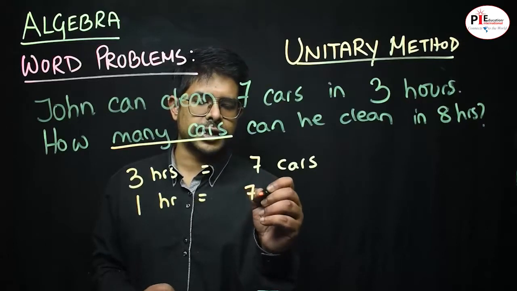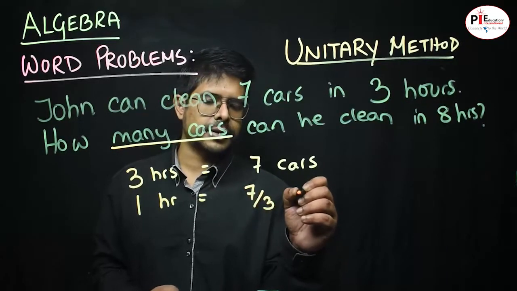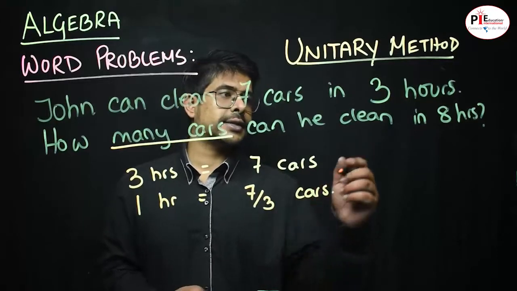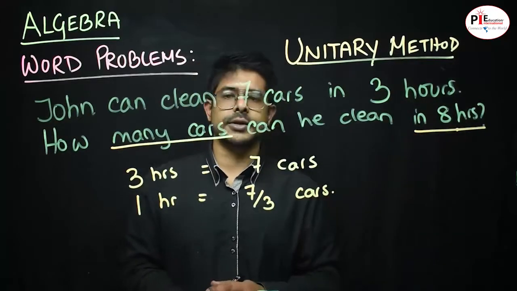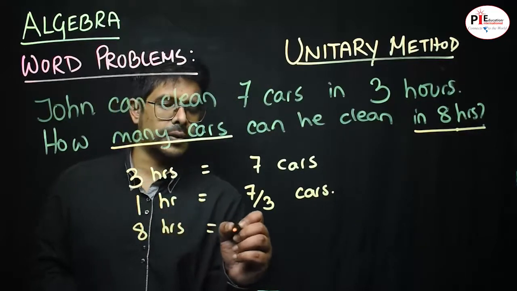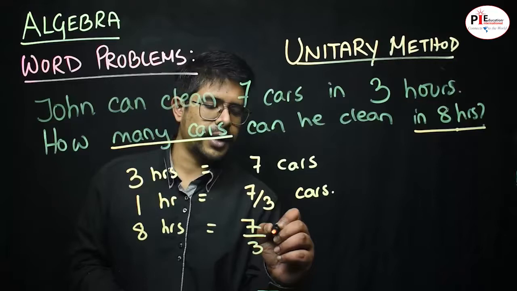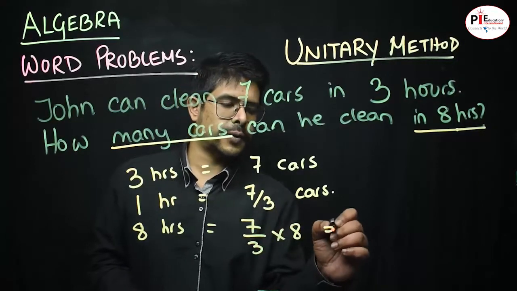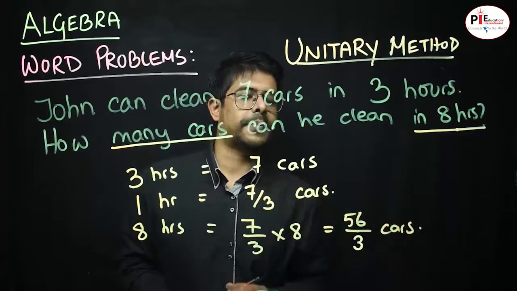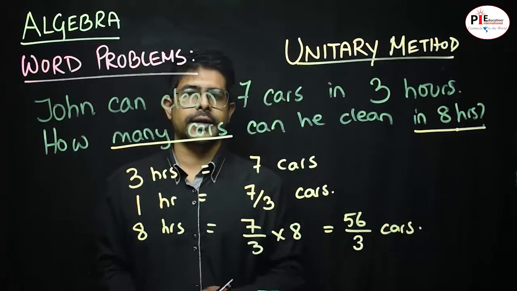So it would be division, right? 7 by 3 cars. And now the question asks us about 8 hours, right? So in 8 hours, John would clean 7 over 3 times 8. That would give us 56 over 3 cars approximately in 8 hours.